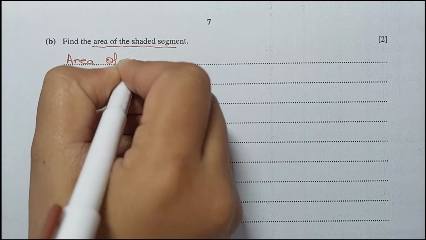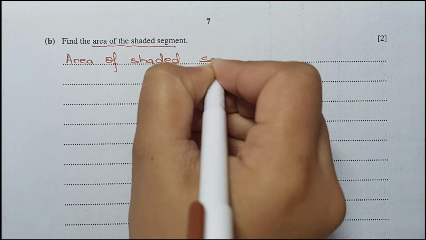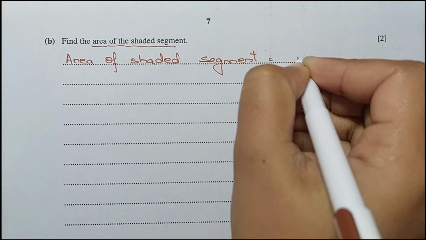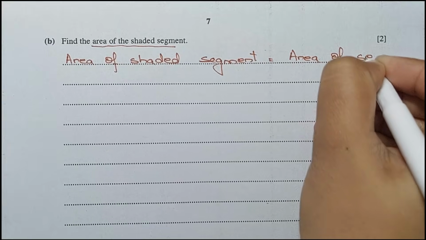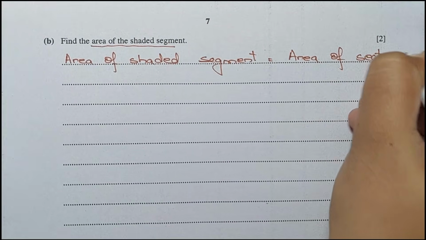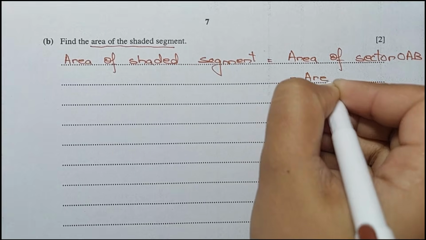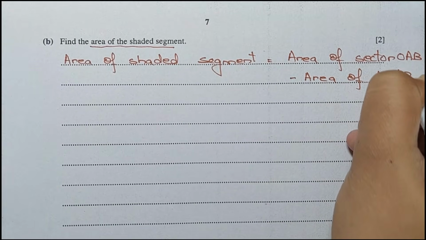Area of the shaded segment is area of sector OAB minus area of triangle OAB.